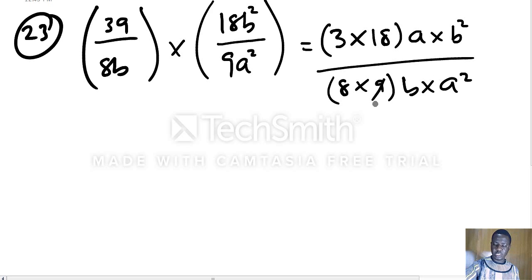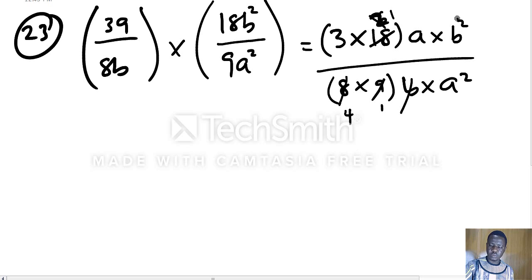So 9 into itself is 1, 9 into 18 is 2, 2 into itself is 1, 2 into 8 is 4.